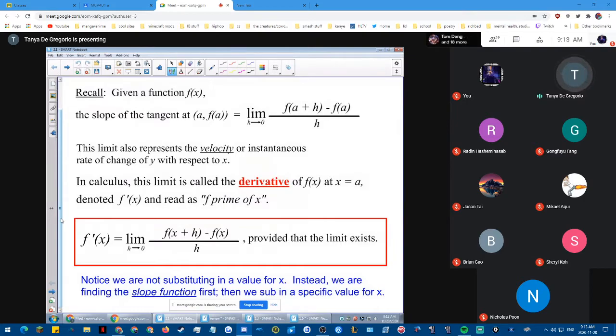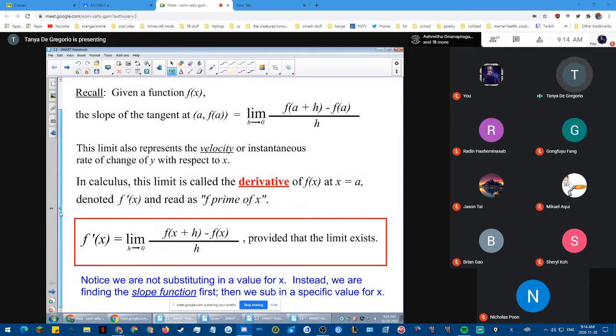So when given a position function and you find the slope of that tangent, you are finding velocity. So velocity is equal to the slope of the tangent when given the position function. Also finding the instantaneous rate of change. We've already talked about that.